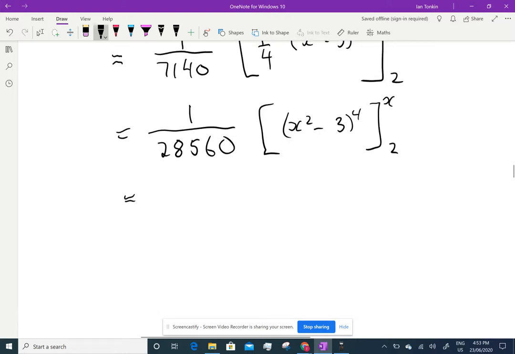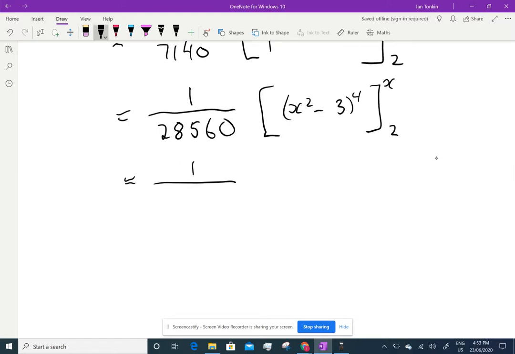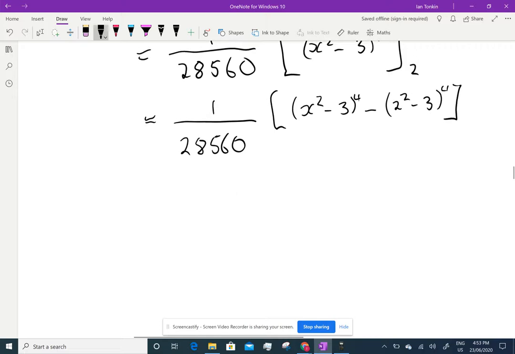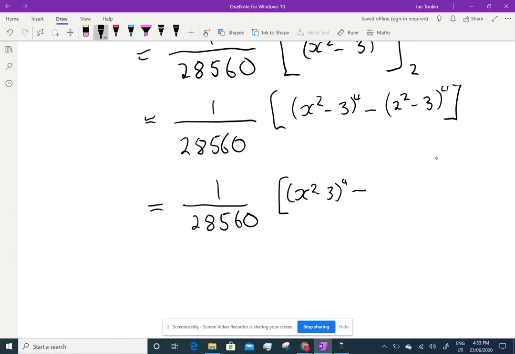So I get 1 on 28560, x squared minus 3 to the 4 minus 2 squared minus 3 to the 4. And that gives me 1 on 28560, x squared minus 3 to the 4 minus, well, 2 squared is 4, 4 minus 3 is 1, and 1 to the power 4 is 1.